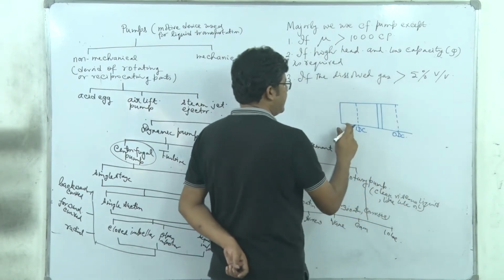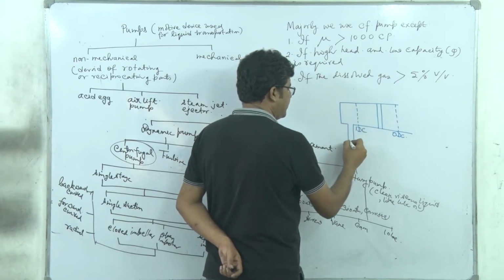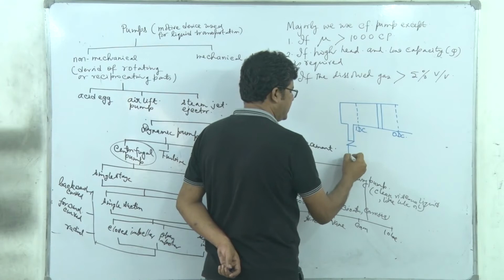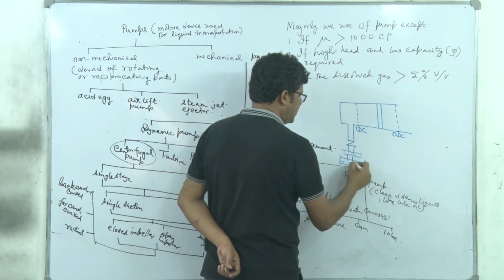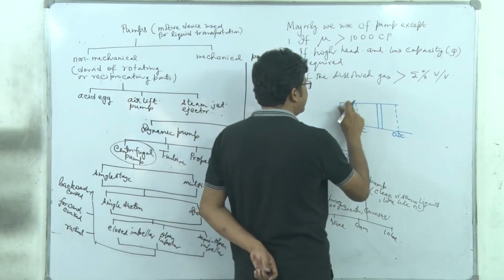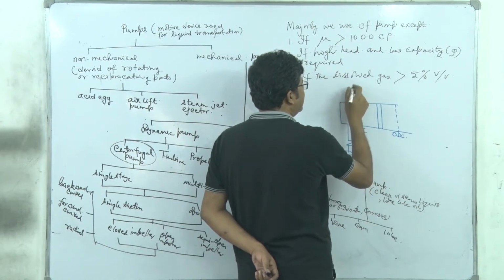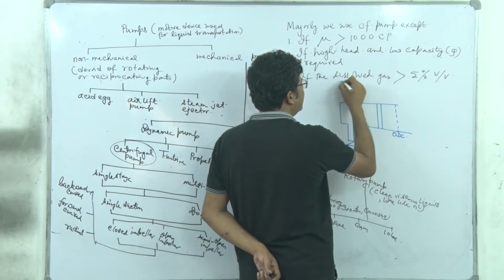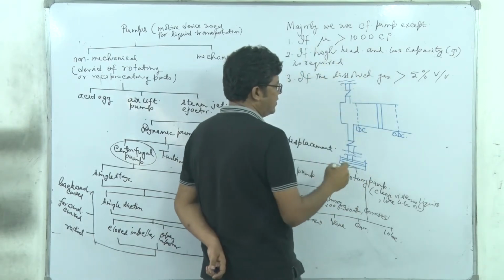Right? Here we have the connection of the pipe, which is always fitted with the check valve. Right? So here we have the reservoir. And again, the delivery line is also fitted with a check valve or a non-return valve. So it's going to this delivery port.